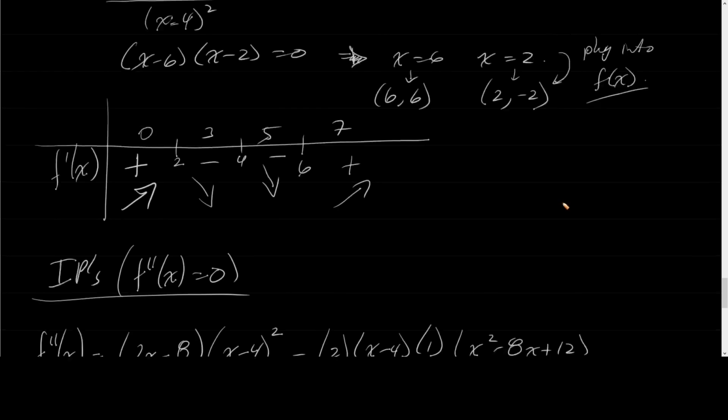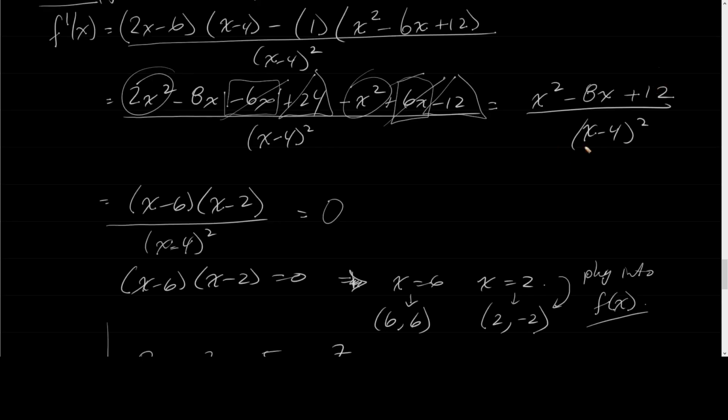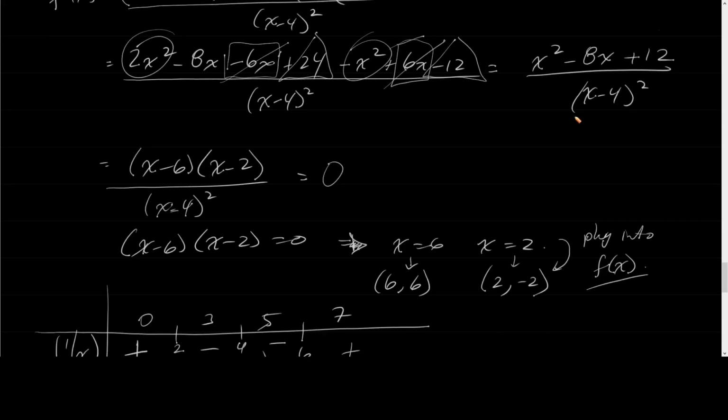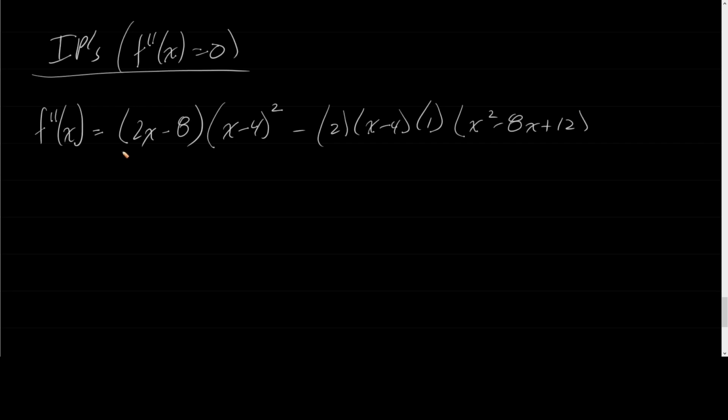I'm just basing all of this off of this expression. And then all of that over the bottom squared, and the bottom was (x minus 4) squared. It was already squared, so I've got to square it again.